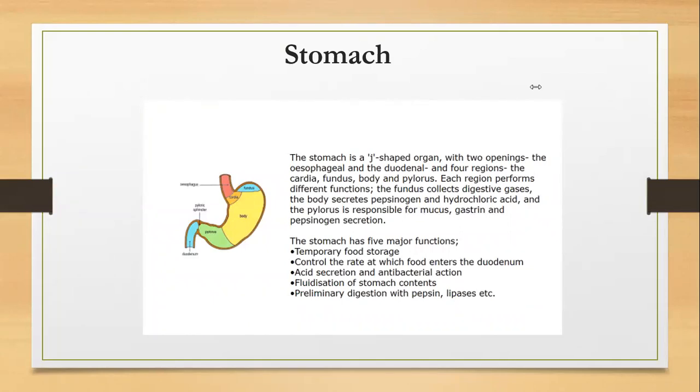The first function we said is to cleave the pepsinogen so that you release the active form of pepsin. The second function will be to provide an optimum pH for the pepsin, because the pepsin requires a very low pH. So it provides that environment for the pepsin to work.